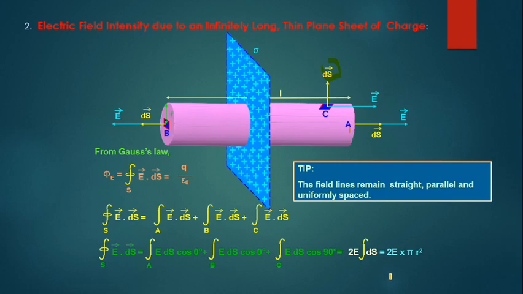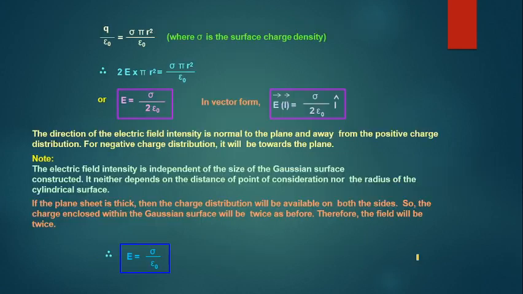The charge distributed over the surface, having surface charge density sigma, is equal to sigma times the area pi r square, divided by epsilon naught. Applying the same, 2E pi r square equals sigma pi r square divided by epsilon naught. So E is equal to sigma divided by twice epsilon naught.